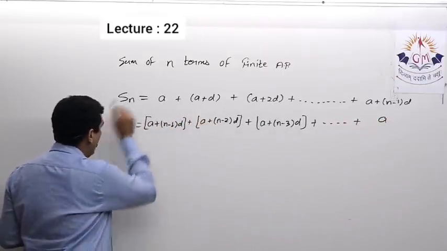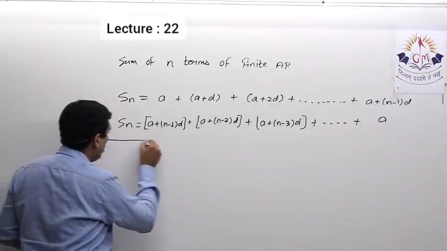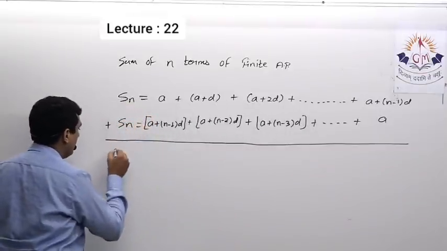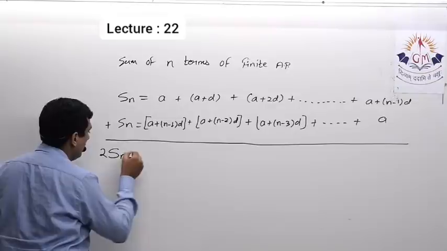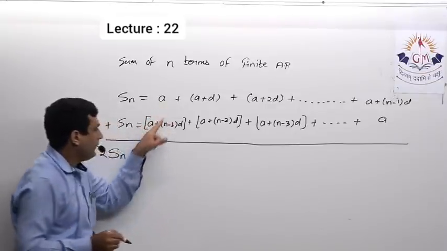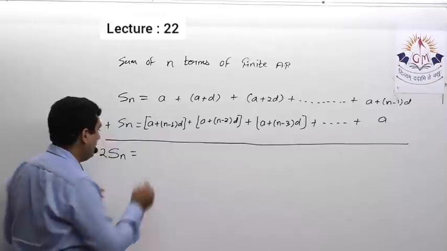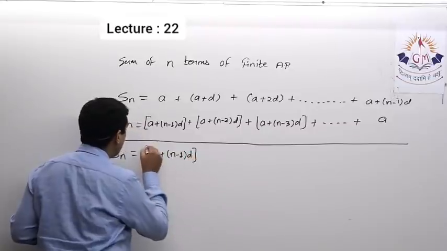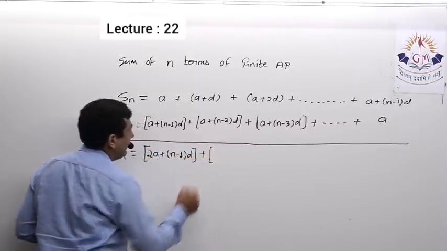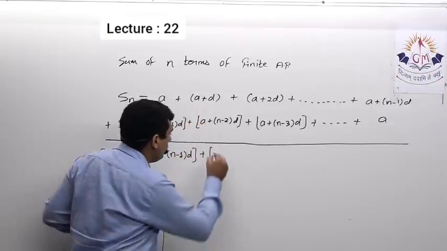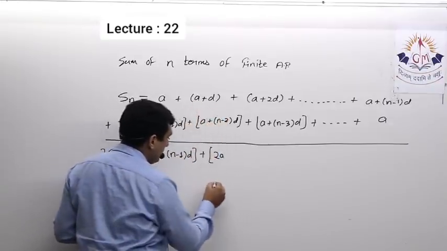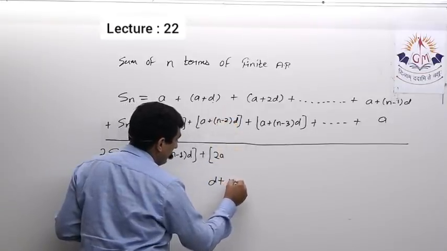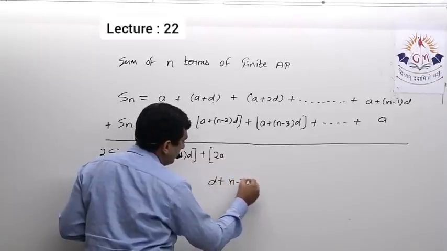Now if I add these two term to term, let us see what we will get. Sn plus Sn, that is twice of Sn, is equal to: a plus a plus (n minus 1) into d, that is 2a plus (n minus 1) into d, plus, adding these two again, you will get 2a, and d plus (n minus 2)d.